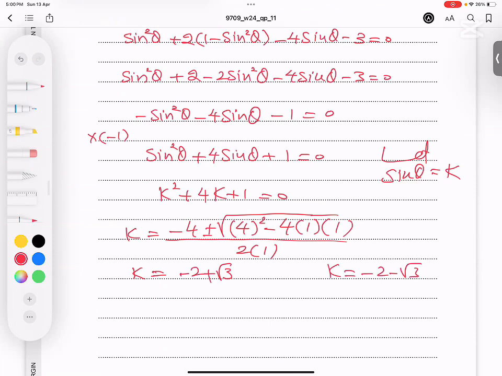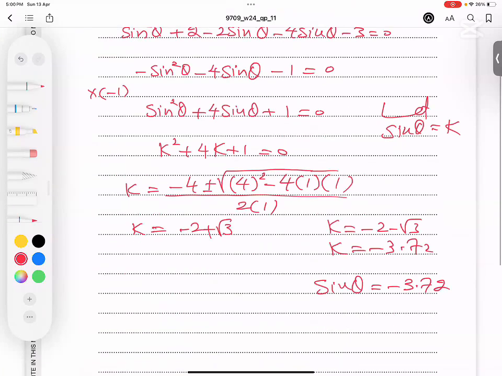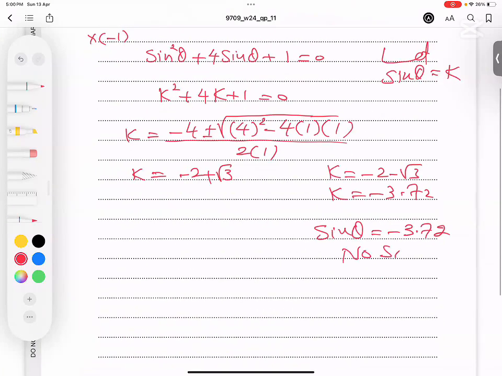Okay, students. So now, do you know this value is becoming -3.72, which is crossing the boundary. And when I plug in this value here, I get sine theta equal to -3.72, and they have no solution coming from here.